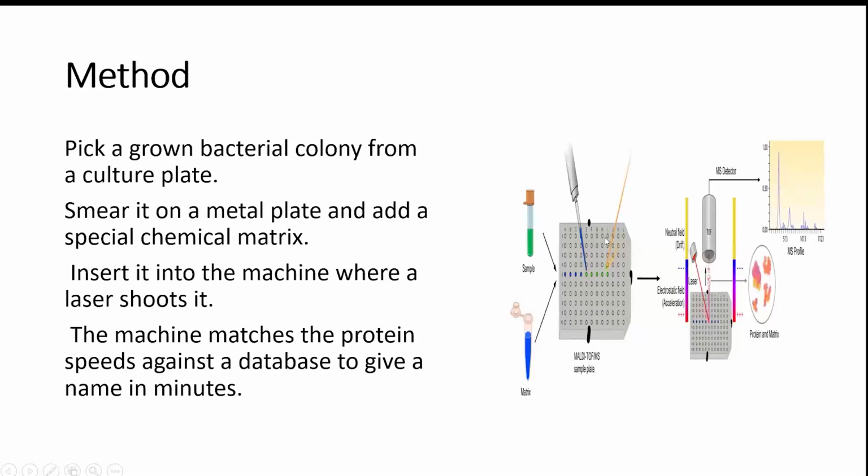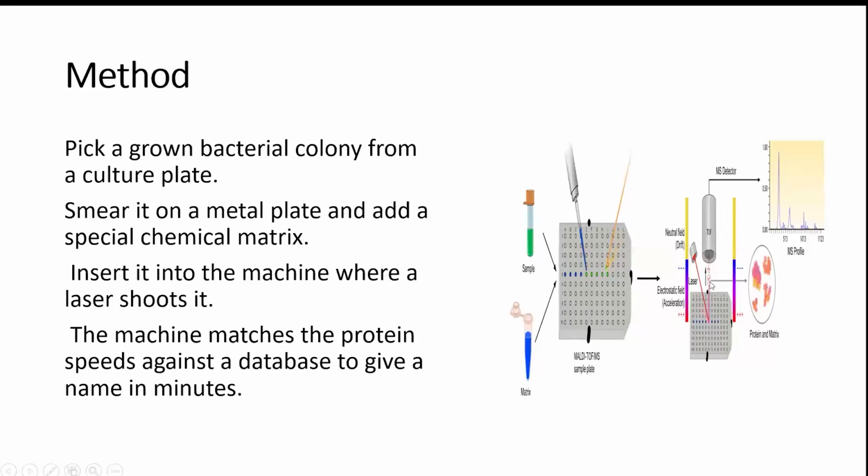Right now, a laser. See, this is the laser. This laser will shoot into the machine, right? And this shooting by the laser will cause vaporization of these protein matrix, and these vapors will be allowed to go through a tube.